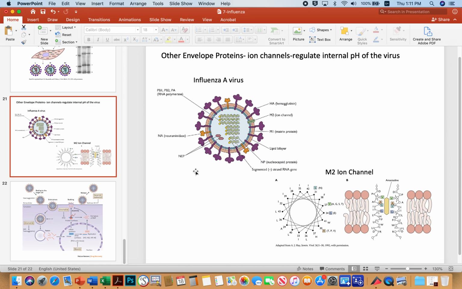So other proteins in the envelope are, as I mentioned, the ion channel. So in this particular case, the M2. And I already mentioned how M2 is porous for protons.